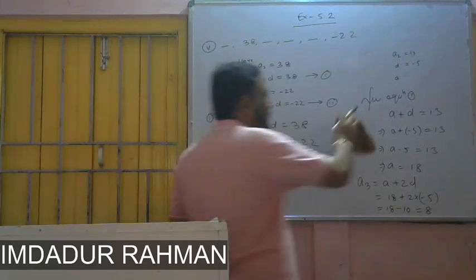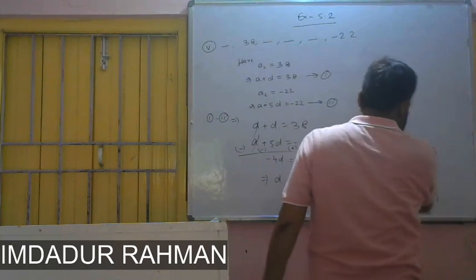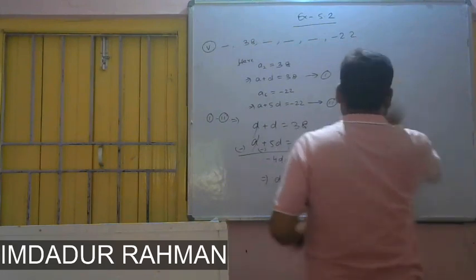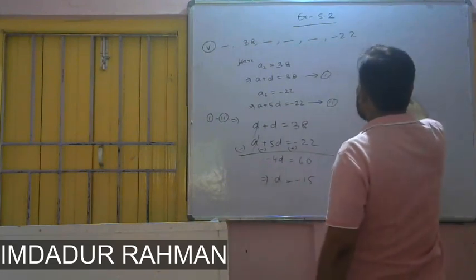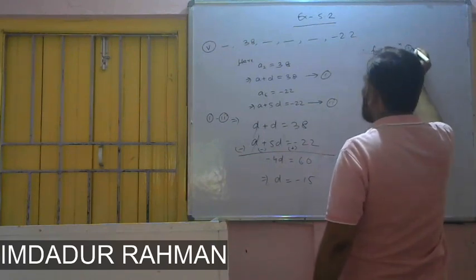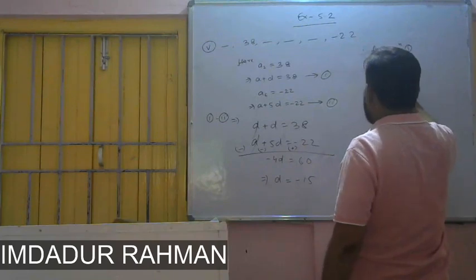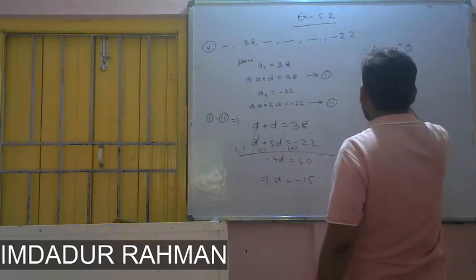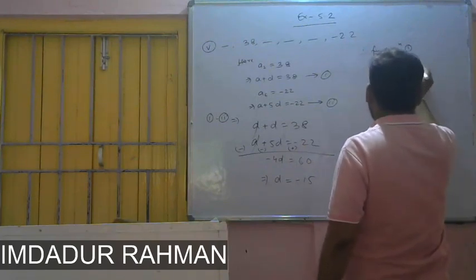So from equation number 1, A plus D is equal to 38.